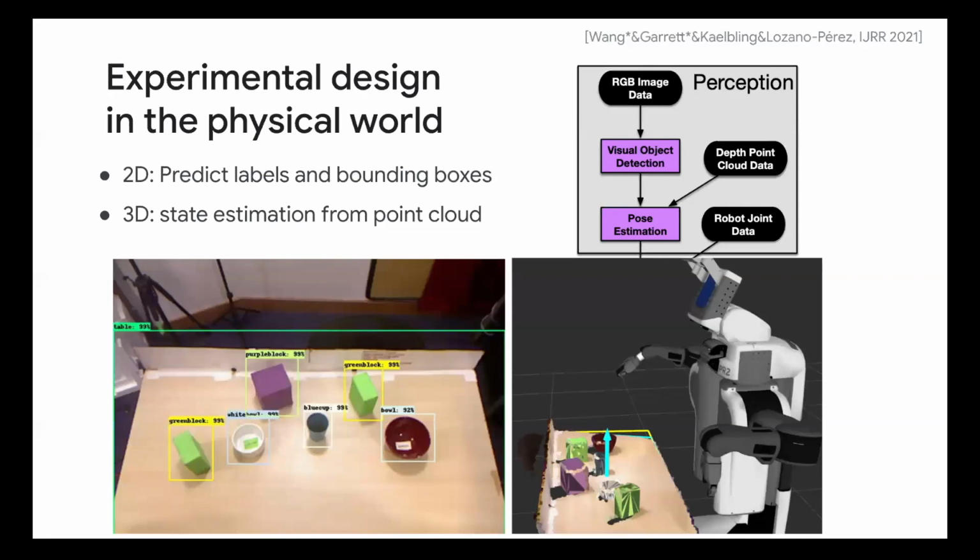The way we're doing this is to use a visual object detection system to first look at the table and figure out what the objects are, getting the labels and bounding boxes for all of these objects. Once we have these bounding boxes, we take the point cloud received from our robot and use the bounding boxes to crop out the point clouds that correspond to the objects.